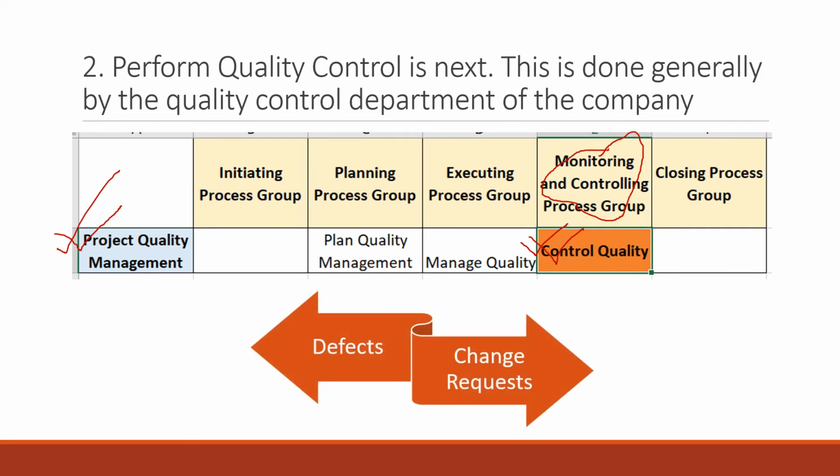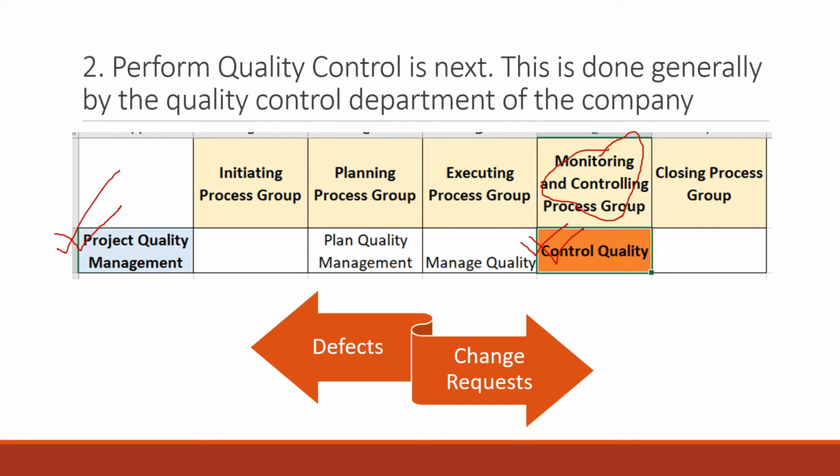The other two outcomes are that either you get certain defects, which means that you've met the requirements, but there are certain defects that need to be fixed. And the second is there could be change requests. So you might have missed meeting the requirement and there are change requests, or you might have met the requirements, but it is not good enough, not what the customer might be looking for. So either you get defects or you get change requests.